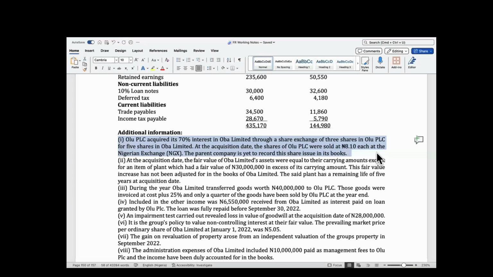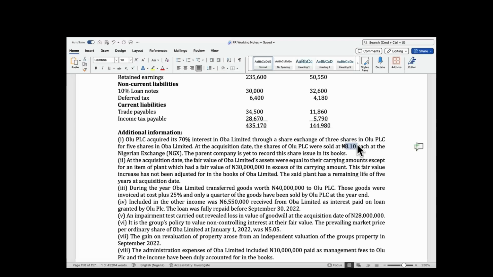You see how that's computed. It's just as stated: 3/5 times 70% of the total number of shares in Oba. Whatever you get is multiplied by the value of its shares, because it is issuing its own shares, it will issue them at its issue price. It will value them at its share price, and its share price is 8 naira 10 kobo. So that is the way it will be determined.